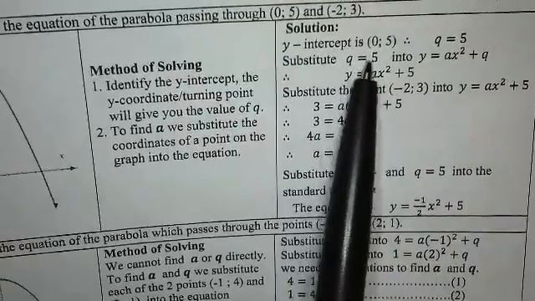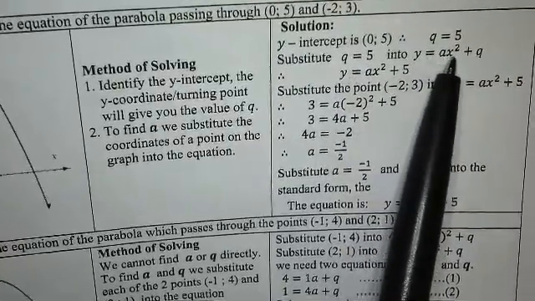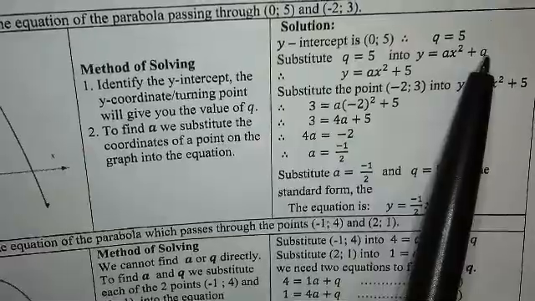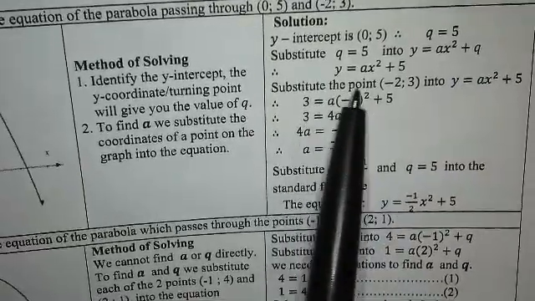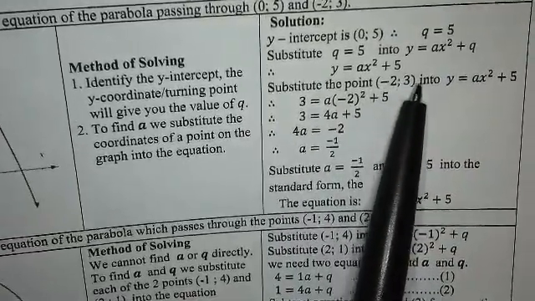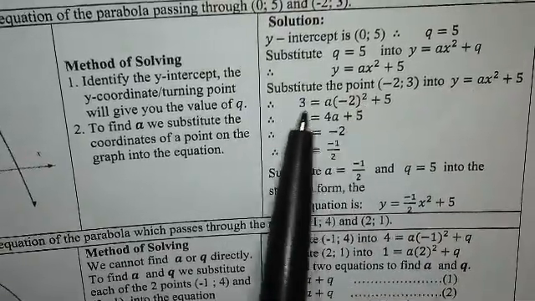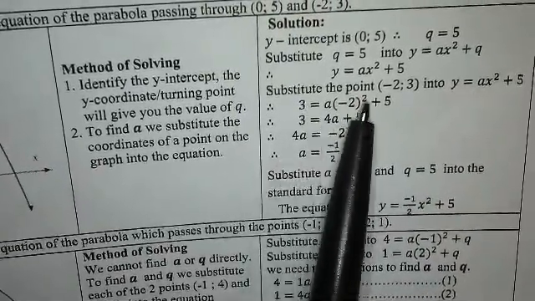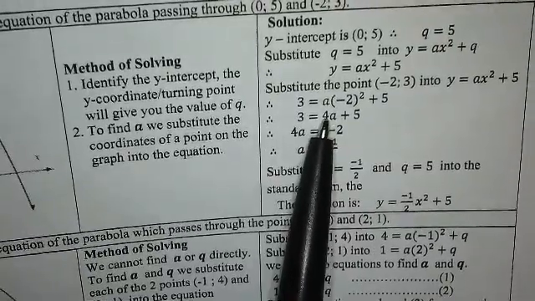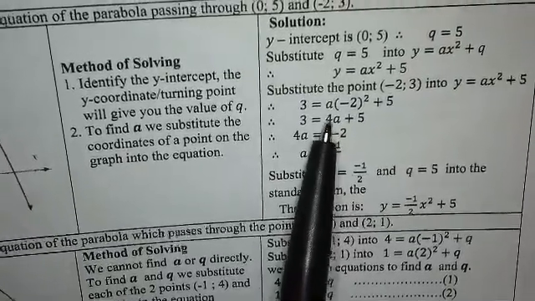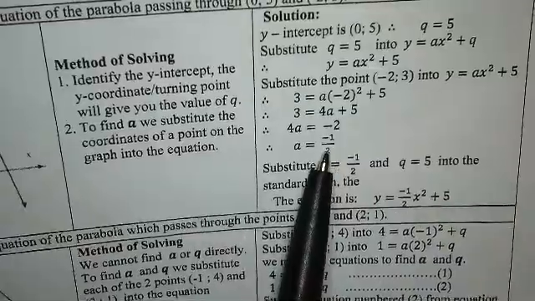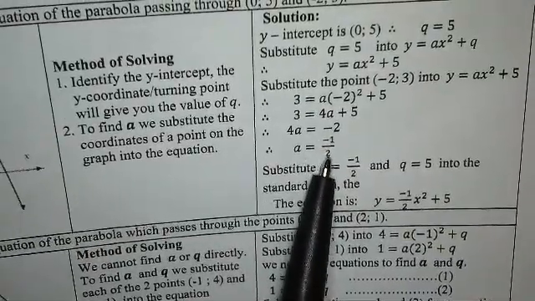So now you substitute the 5 into the general form. Then you substitute the point, which is x and y, into that form. So that's my x value, and that's my y value. Remember, negative 2 squared gives you positive 4a. Use your rules for equations, and then you get a = -1/2.